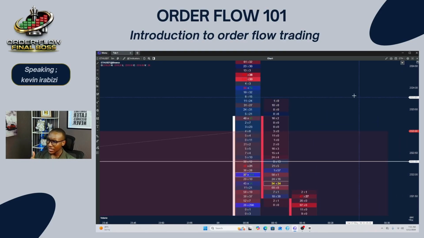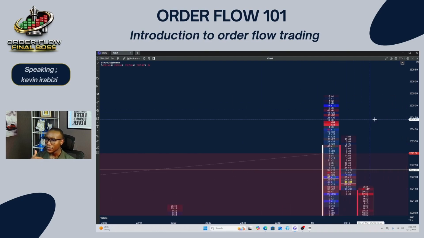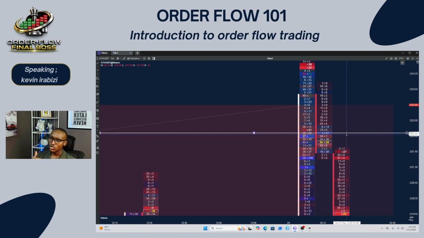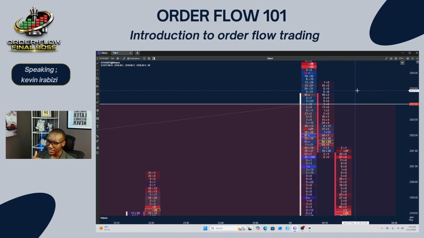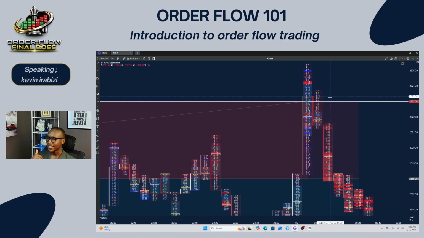So for this particular example, I know there is stop losses right here because they show strong buying, yet price keeps going down. So people that were really into the market and are getting out, their stop losses are being hit. No one is going to want to buy more, so they will get out of the market. And what happens? Sellers start to dominate the market. You get my point? Yes, you get my point.